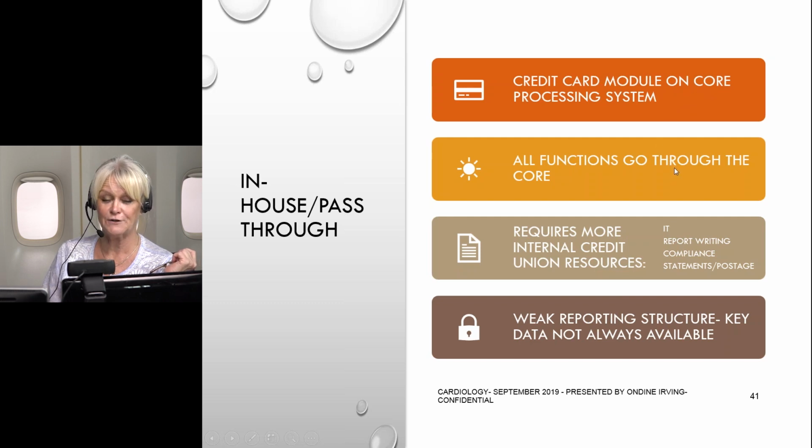All functions go through the core, including all the limitations on promotions and rates and things like that. It requires more internal credit union resources from IT, report writing, compliance, statements, postage, and the reporting is just horrendous. It really, really is. If they're going to be selling the modules, then they need to sell the reporting to back it up. Were there questions?